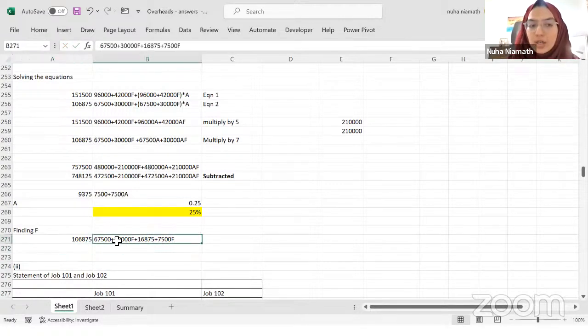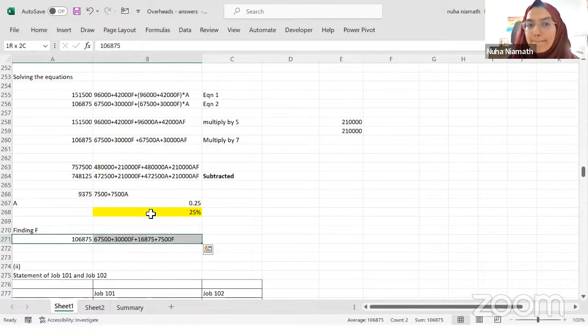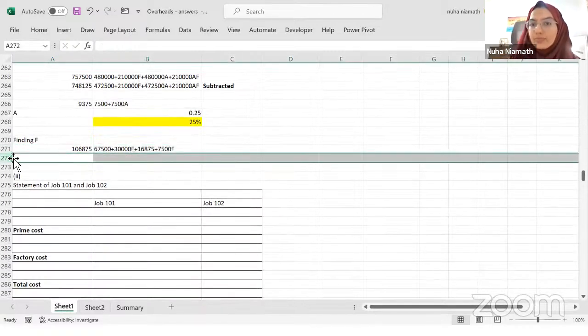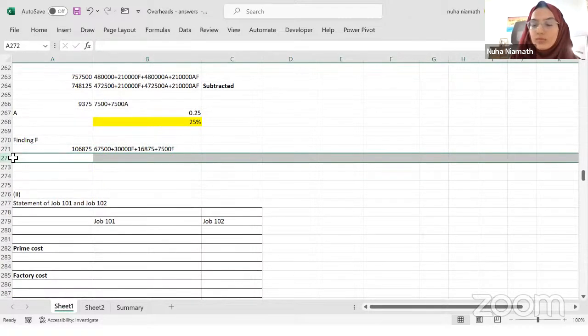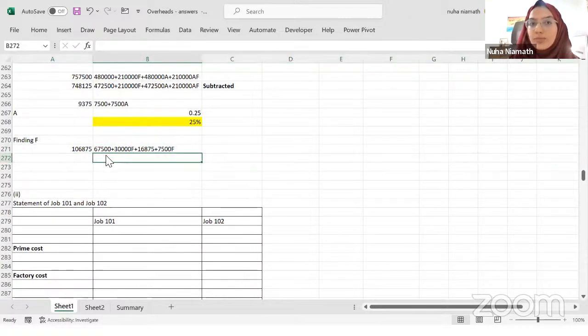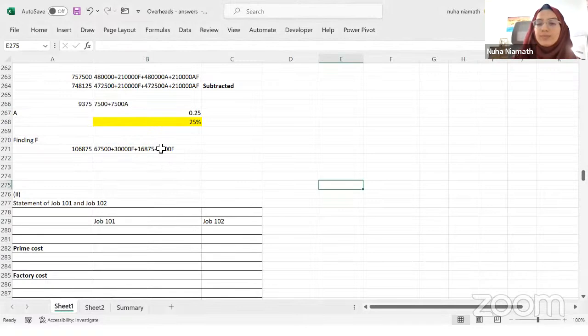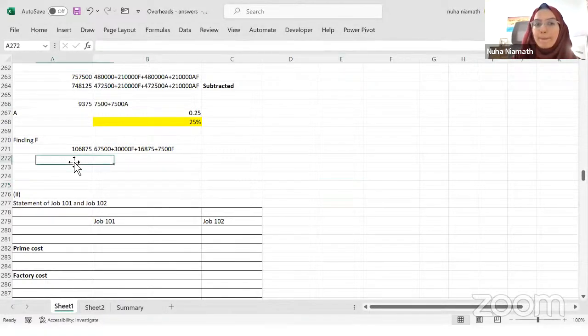Is everybody comfortable with how I found this, or do you want me to show how I found it? Is everybody comfortable? Okay. Please let me know if you want me to show the formula.